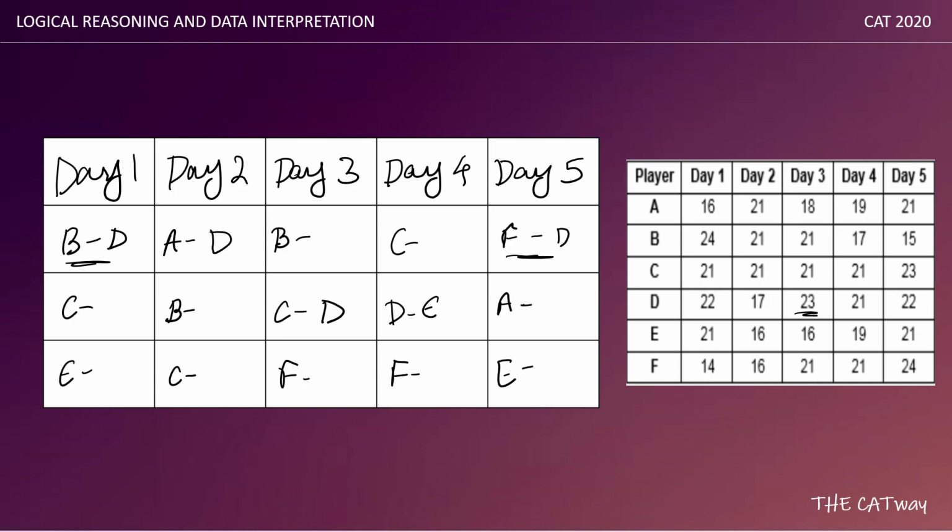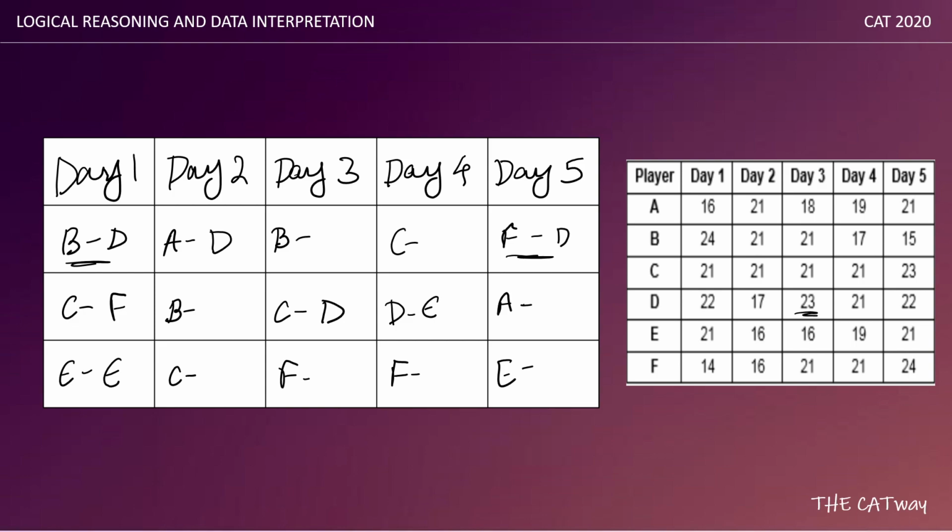Why is it like that? Because A has played D on day 2, A and E have to come in different boxes on day 3. E has already played D on day 4, and A and E are in different boxes on day 5. So A will play E on day 1 and then C will play against F on day 1. This is clear, I hope.